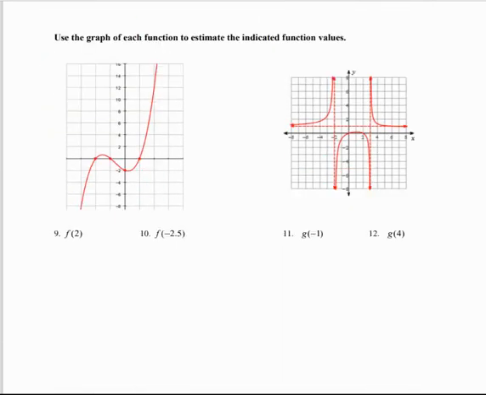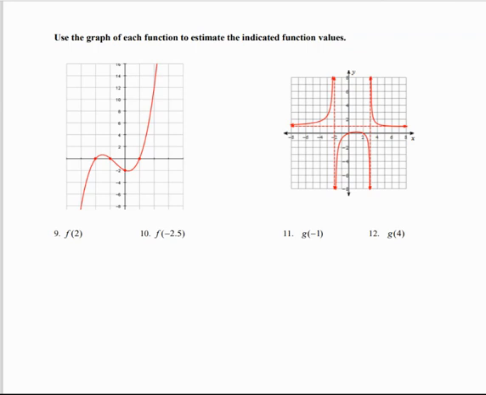All right, and the last ones we're going to look at are new problems, but they're pretty basic. So it's just evaluating functions, but with a graph. So in the past, on number 9, when I saw something like this of f of 2, it was saying take 2 and plug it in for y. In this case, we're just going to look at where is the graph when it's x equals 2, right?